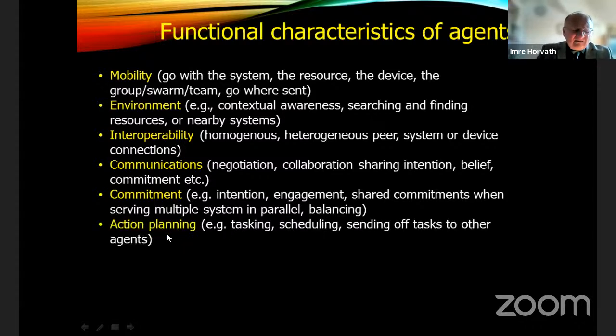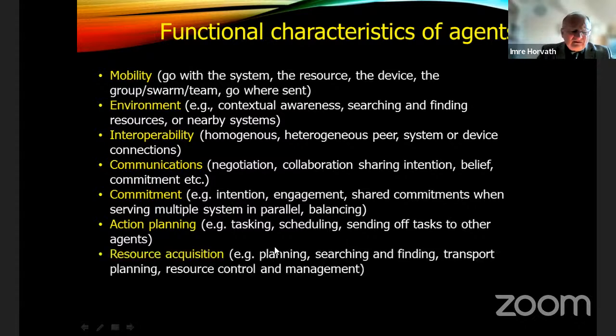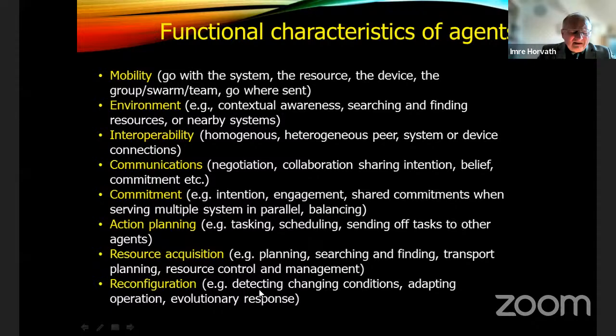Functional characteristics also include action planning, for instance, task definition, task ordering, and sending the task to another agent. Then resource acquisition, for instance, planning, searching and finding, transport planning, resource control and management. And finally, reconfiguration is the last functional characteristic which has importance. For instance, we take things like changing conditions, adapting operation, or evolutionary responses.